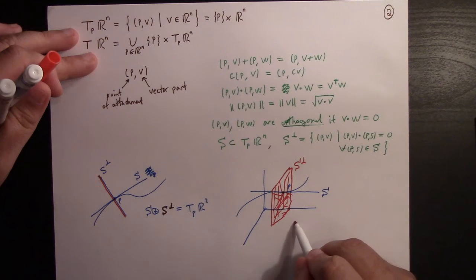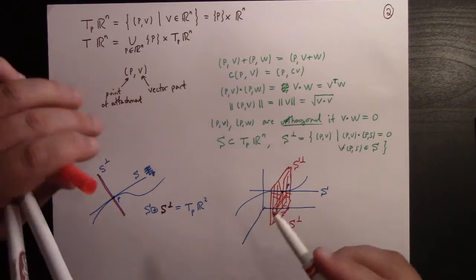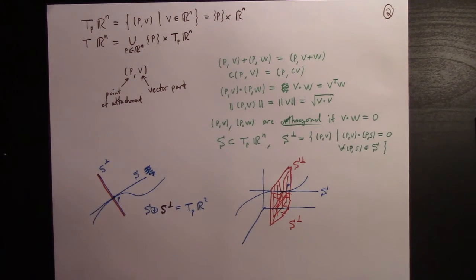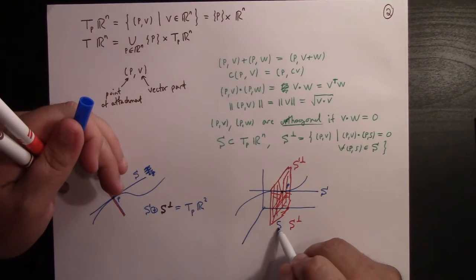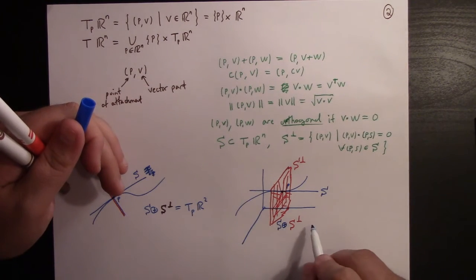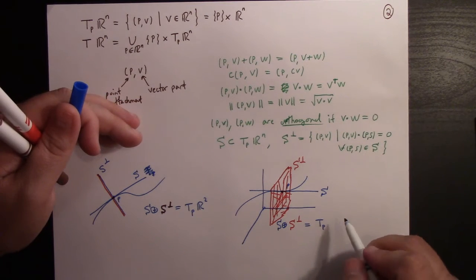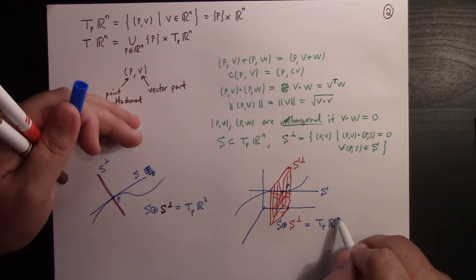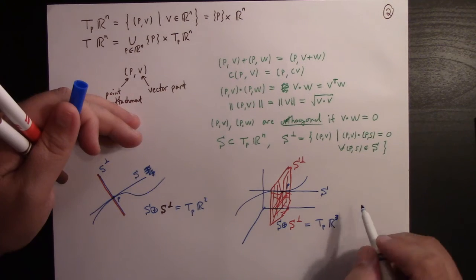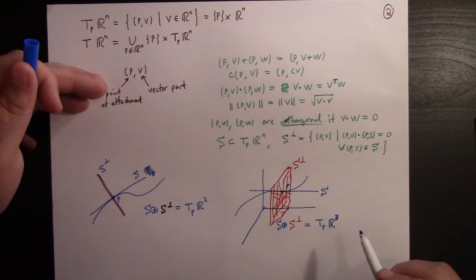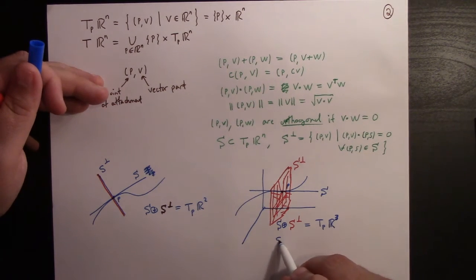Anyway, the point here is S perp direct sum with S is going to give you back the tangent space at P in my picture here, R3. But I could just as well do this picture in Rn. If I did it in Rn, I would have S direct sum S perp.